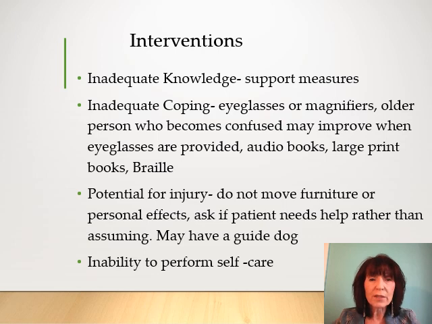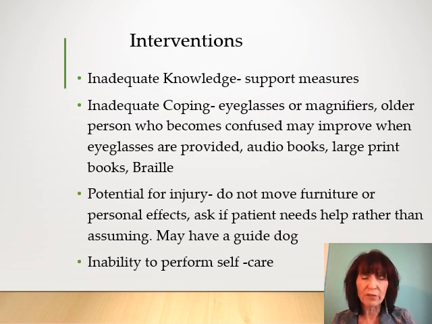So it's important for their coping to have their eyeglasses or a magnifier. If they can't see, offer them a magnifier. Maybe a family member could buy them one. Maybe they didn't know such a thing existed. Older people tend to become confused, and if they can see, then they can see the light, so to speak, and they don't feel so confused because they can see what's around them.